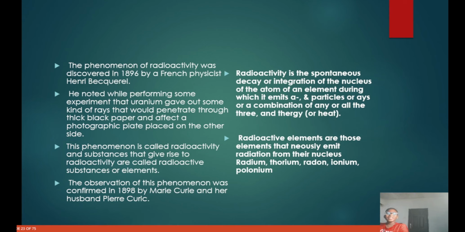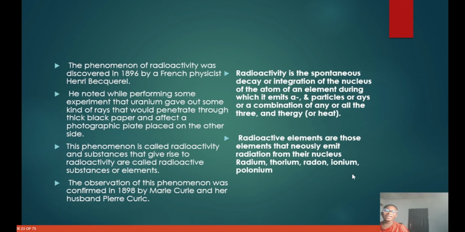So radioactivity is a spontaneous decay or disintegration of the nucleus of the atom of an element, during which it emits either alpha particles, or alpha, beta, or gamma rays, or a combination of any or all of the three. Sorry, that was a mistake. It should be alpha, beta, and gamma, or the three of them.